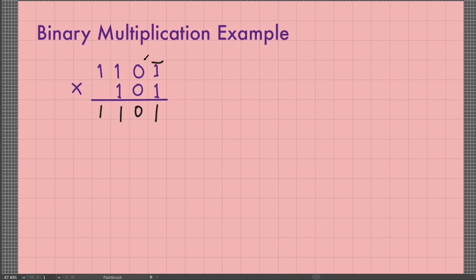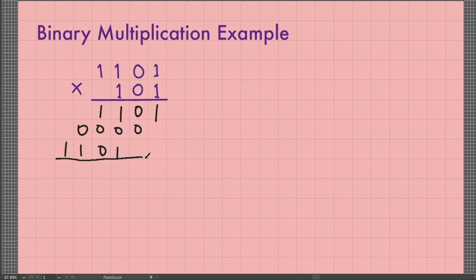So basically, I've just rewritten this here. Now, for the next bit, 0 times 1, 0 times 0, 0 times 1, 0 times 1. So I'll just write 4 bits of 0 here. 0, 0, 0, 0. Next, for this bit, just have to rewrite the multiplicand. We have 1, 0, 1, 1.